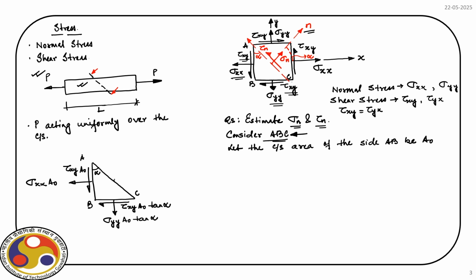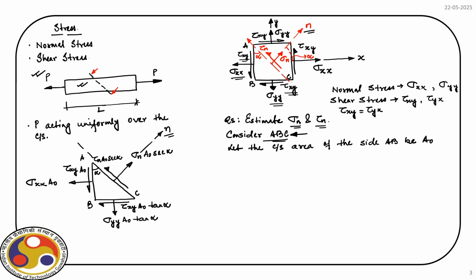Then along this perpendicular direction we have sigma n, then A naught sec alpha, and this component is tau n A naught sec alpha. So, we have two equilibrium conditions, one along this perpendicular direction n and another is along this direction orthogonal to n.